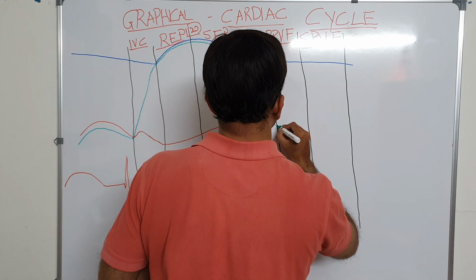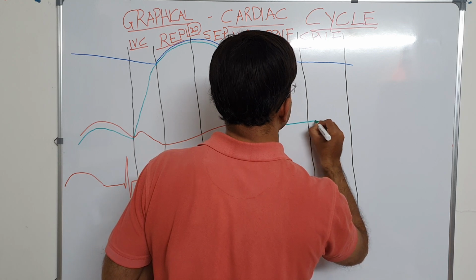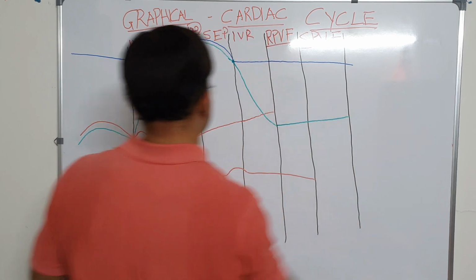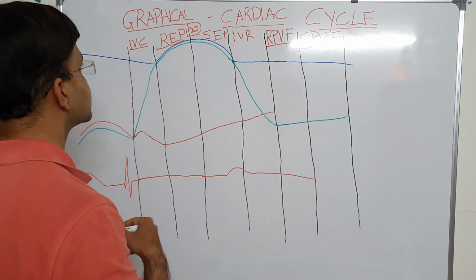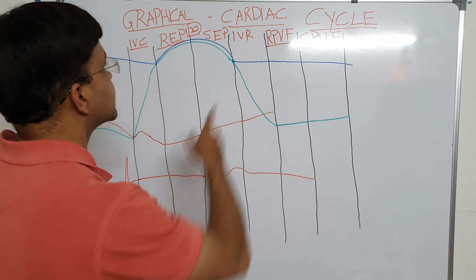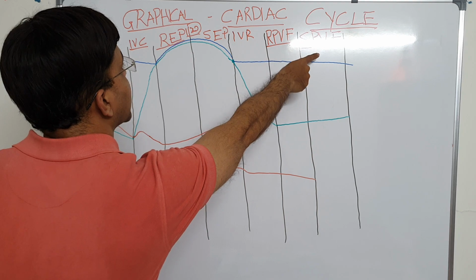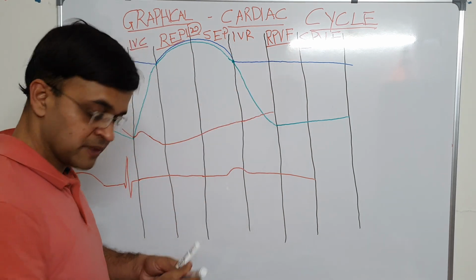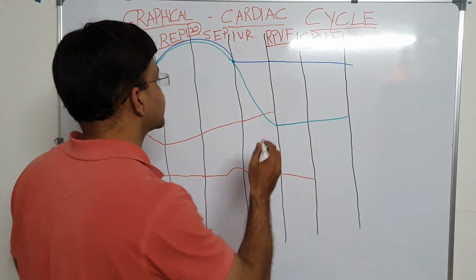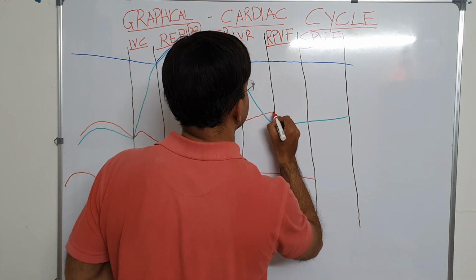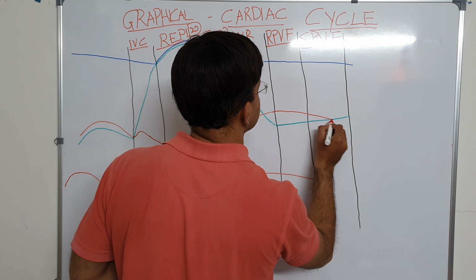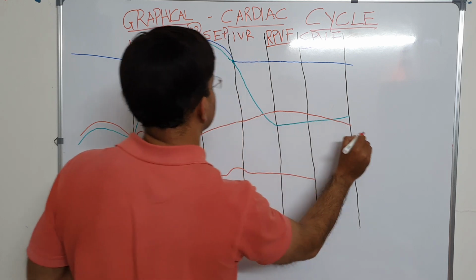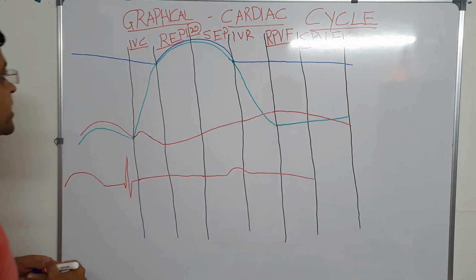They kind of get slowly elevated, right? And of course, during this rapid passive ventricular filling and slow passive ventricular filling, we will have the Y descent of the jugular venous pulse, right? So there will be a slow decline in the pressure over here, right?